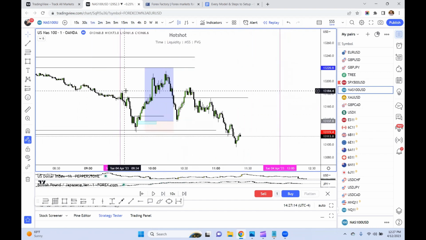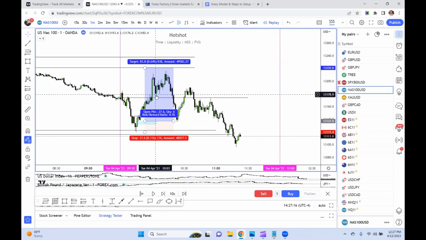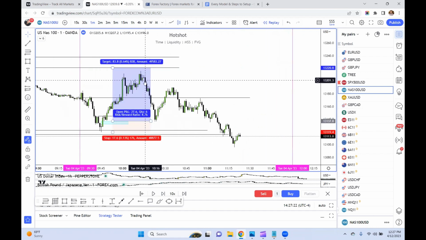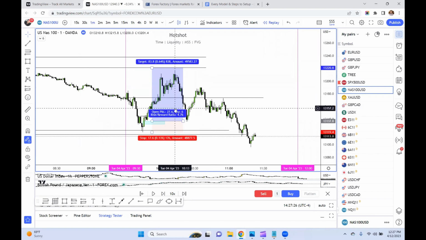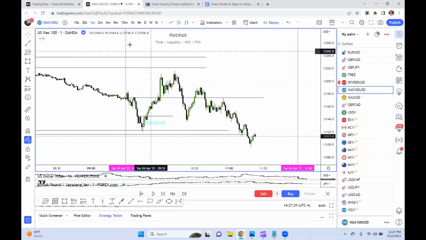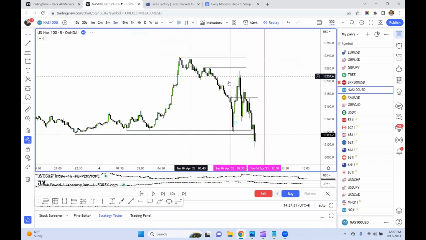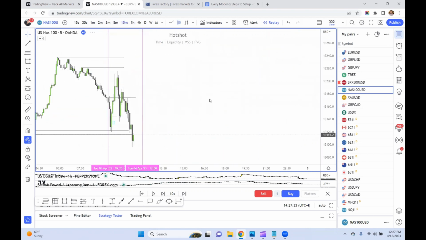Things happen, you know. It took out liquidity here, and then market structure shift point, market structure shift point. This was valid market structure shift point. It shifted, created a fair value gap, and it still didn't tap it. So it doesn't always happen. It doesn't always follow as planned, and that's just the realistic side of trading. So let's go to the next day.